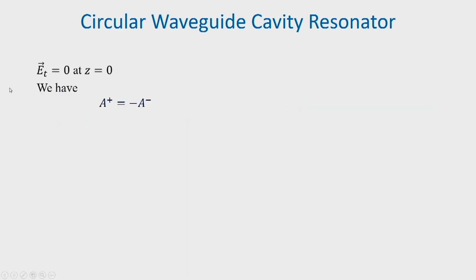From the condition that E tangential is equal to 0 at z equal to 0, we get A plus is equal to minus A minus.